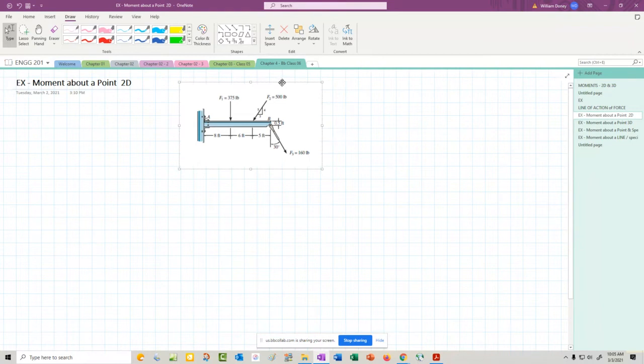Moment about a point. We're asked to find the moment about A. Okay, A sits right there at that point there.